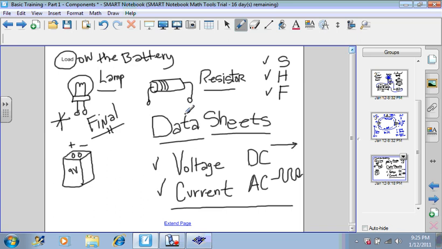Now, once you have that information from the data sheet, then you can start the process of designing your circuit to operate this load. And what do you need? Well, you need a source of energy. That's something very good you need.